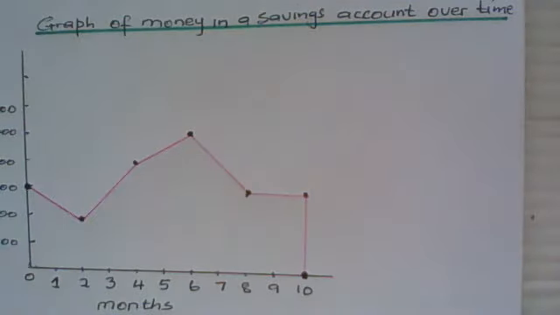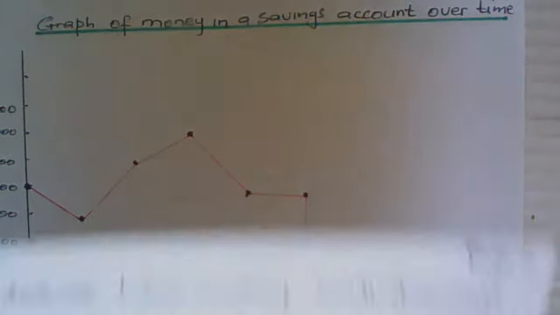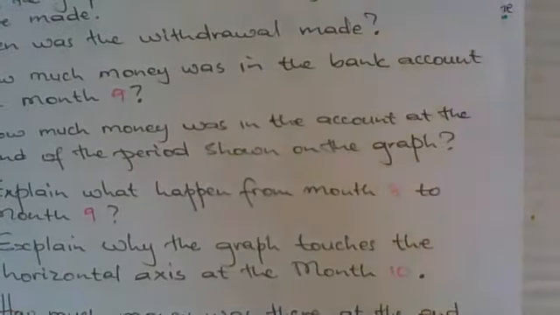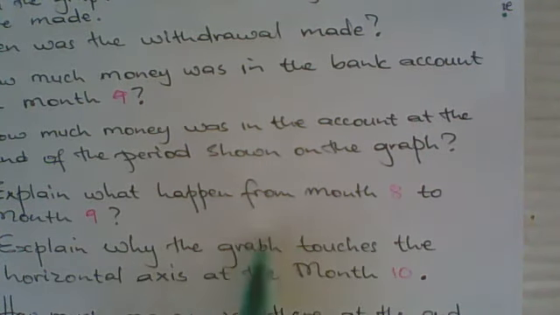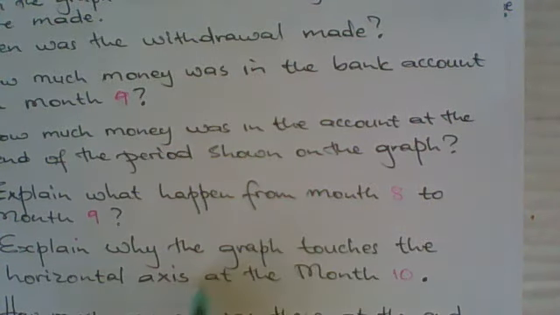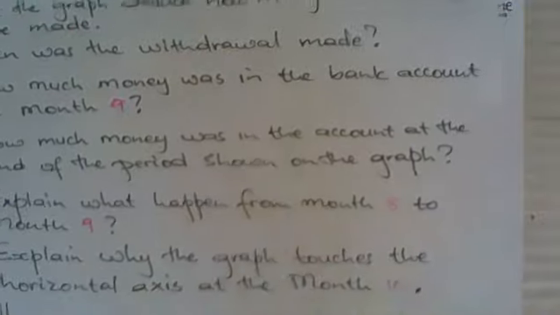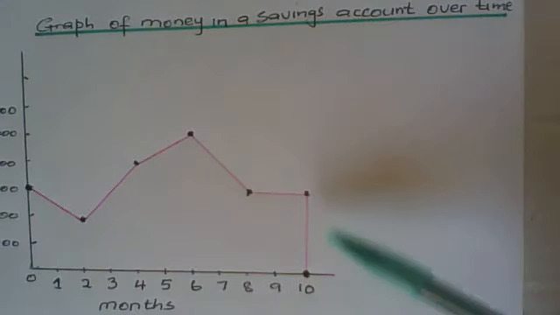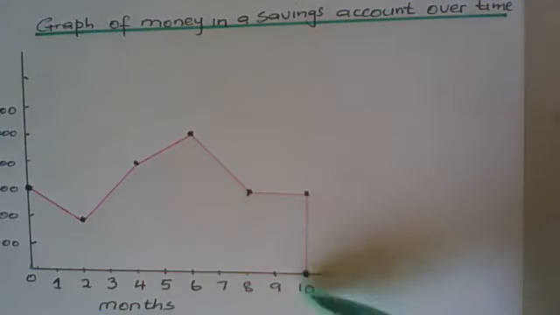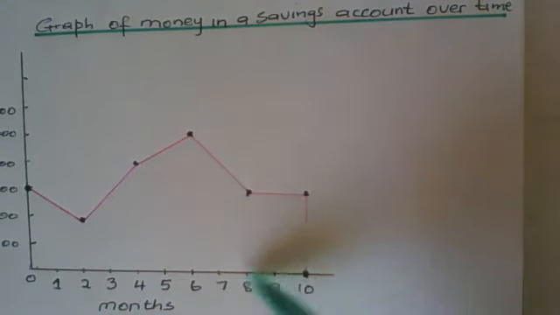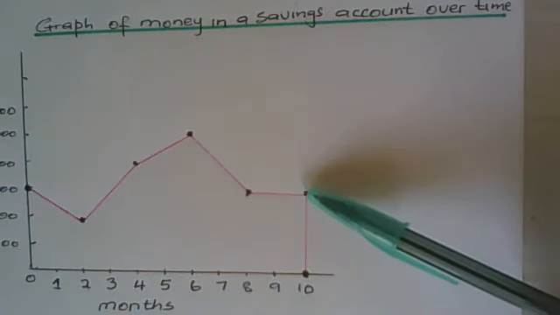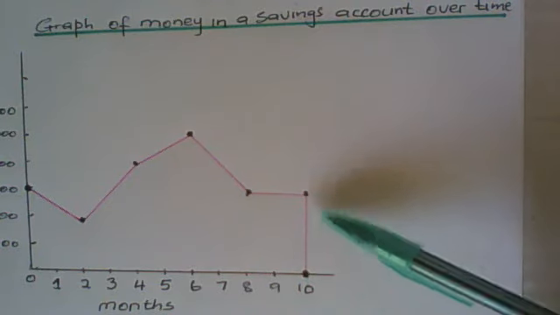And then the next question is, explain why the graph touches the horizontal axis at month 10. What is the value here? Look at that. It's 0. The original position was here, and then it fell here.